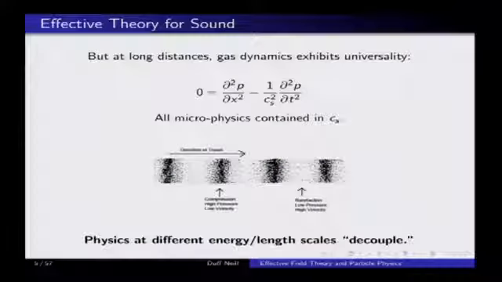And so there's a sense of universality that we are getting out of going to this effective theory, which is, regardless of whether the gas is made of methane or argon, or even if I looked at a substance like mercury or water, or other liquids, they all exhibit sound waves. And that is revealed by going to this long-distance effective theory of the description of the gas that does not take into consideration all those fine-grained microscopic interactions except through the parameters of that theory.